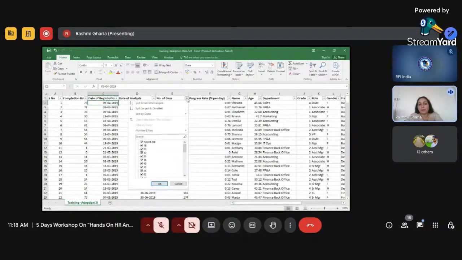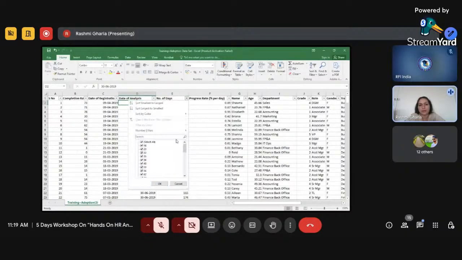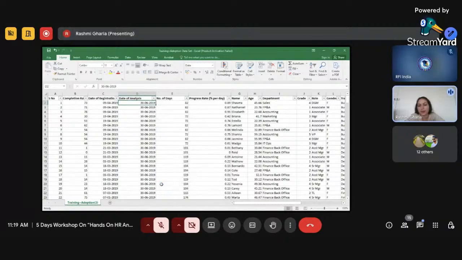Now, the number of days: how many days they were enrolled in the training program. They calculated it from the date on which they registered and the date on which the analysis took place, right? So they have given the details about the number of days. It varies from 16 to 177 days, right?